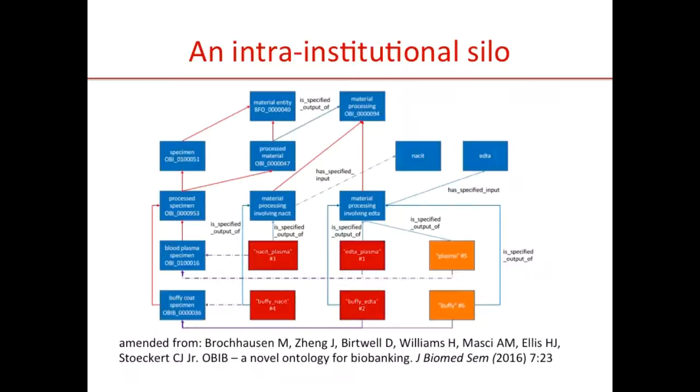And ontologies can really help with that, because in the end, in an ontology, the name is not important. You can just capture what process you used to process the material, and if it was an EDTA process, it should come up whenever you search for EDTA specimens or EDTA processed specimens, and the same holds for the nested.